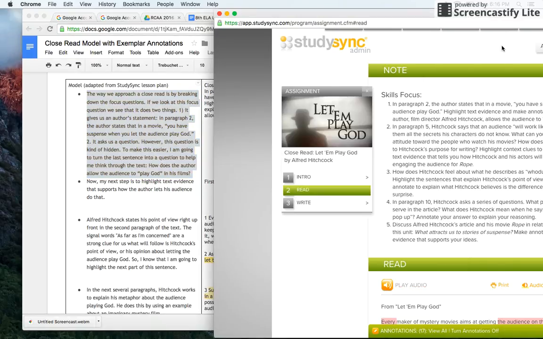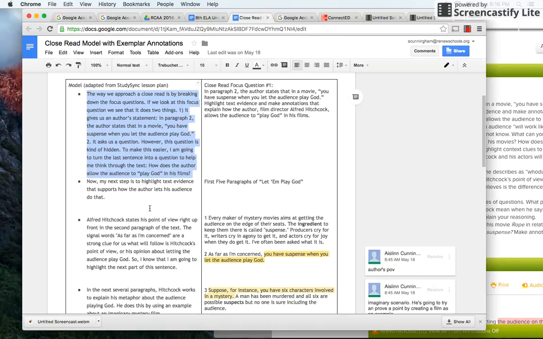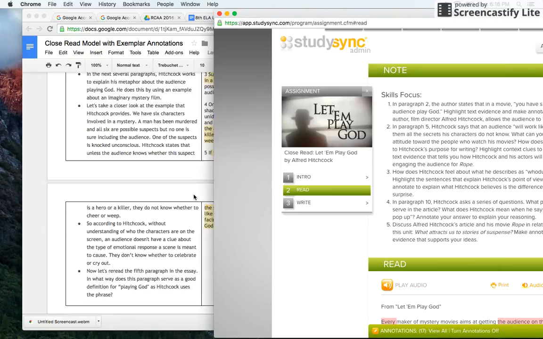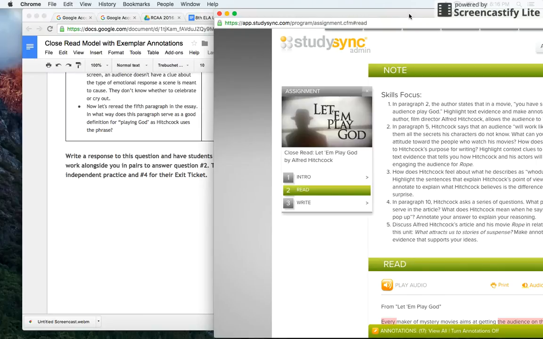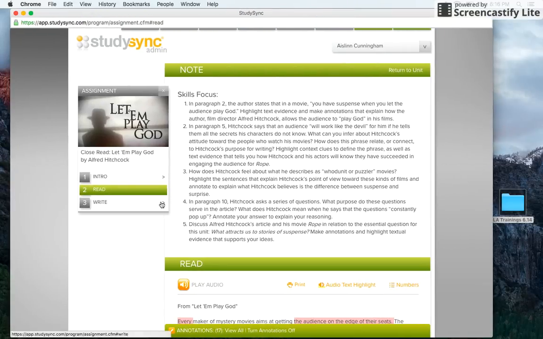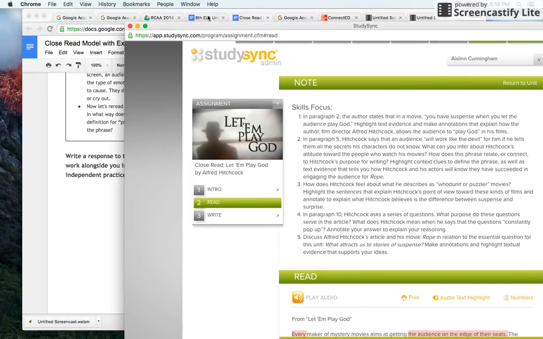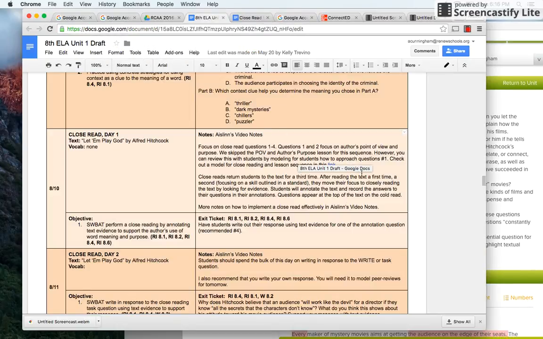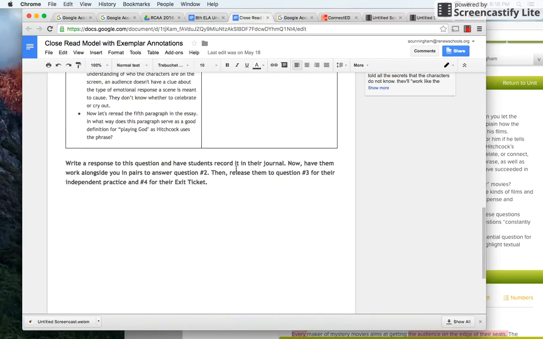So you can see this is my recommended model for how to model close reading to your students. So this resource is here for you, and I have written into this lesson that you would end this model by writing a response to this question and have students record it in their journal.